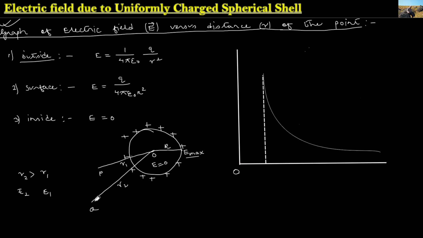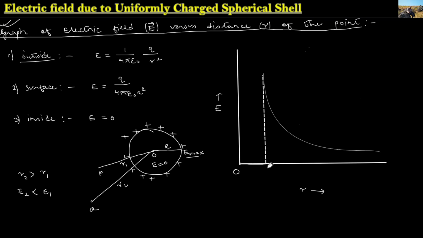The electric field due to point Q will be less than the electric field due to point P, or the electric field at P is more than the electric field at Q. That is why, when you plot this graph of the electric field and the distance, it is represented by this curve.